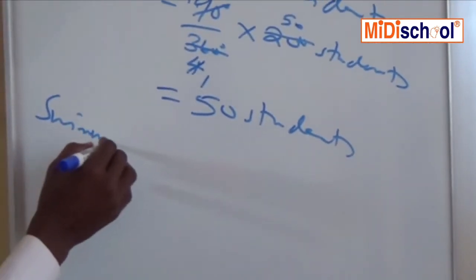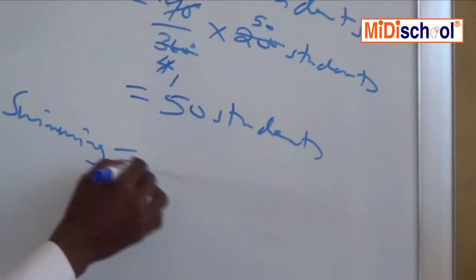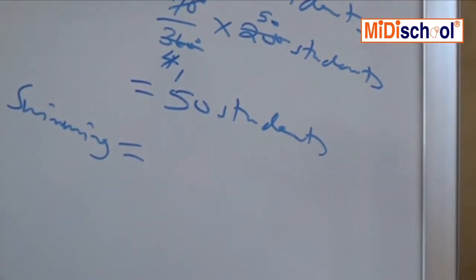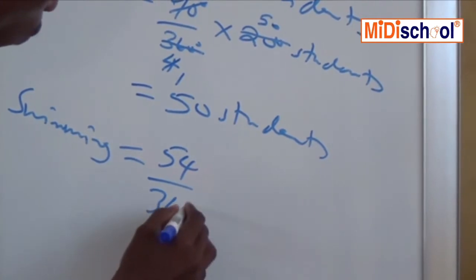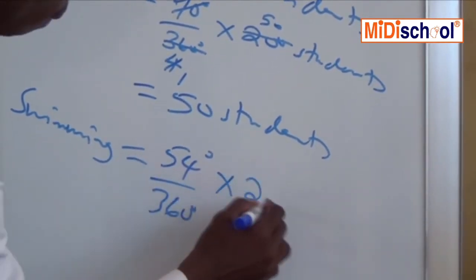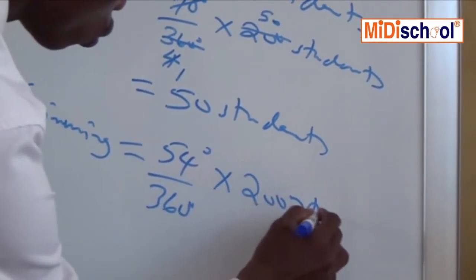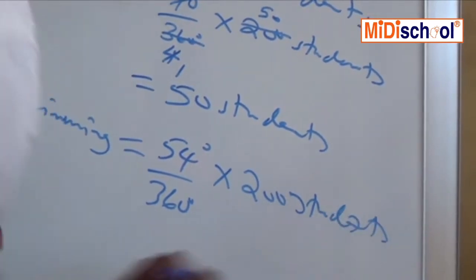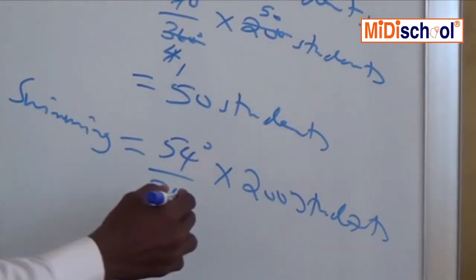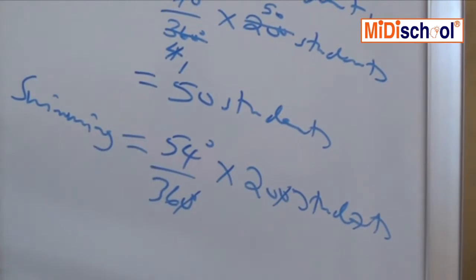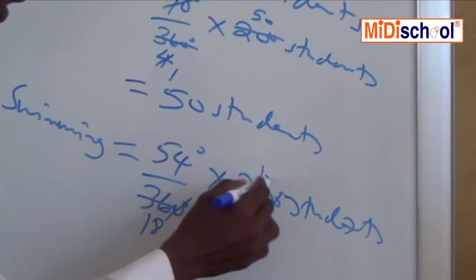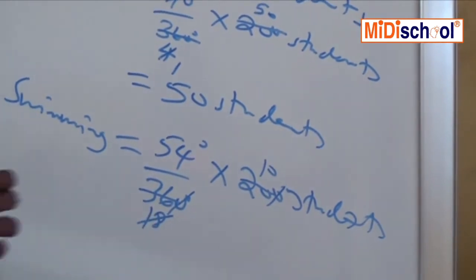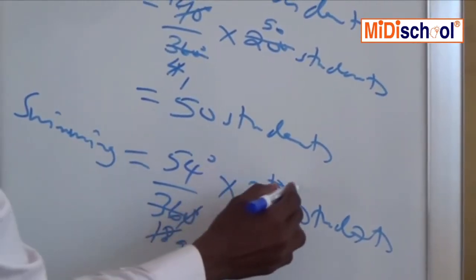We're going for swimming now. Students who were selected for swimming: it is the degrees of swimming, which is 54 degrees over 360 degrees times the total number of students, which is 200. So this 0 and 0 cancel out. By 2 it is 18, by 2 it is 10, by 2 it is 9, and by 2 it is 5.